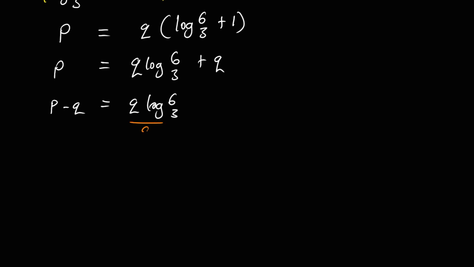On dividing by q on either side, this becomes p minus q divided by q equals log of 6 base 3.